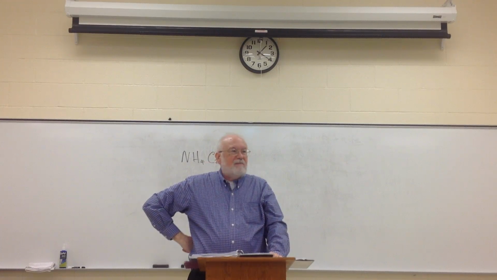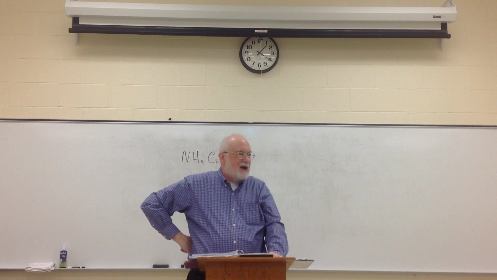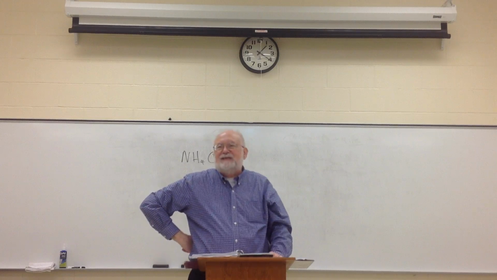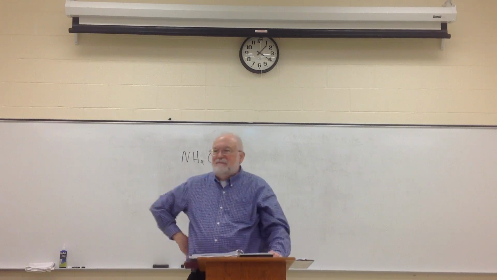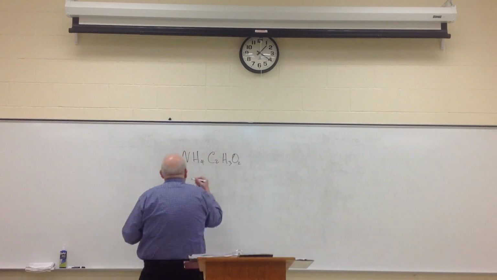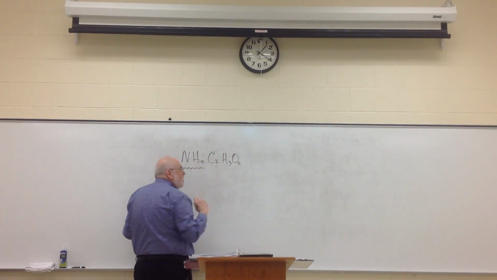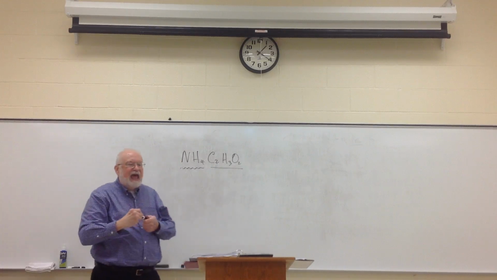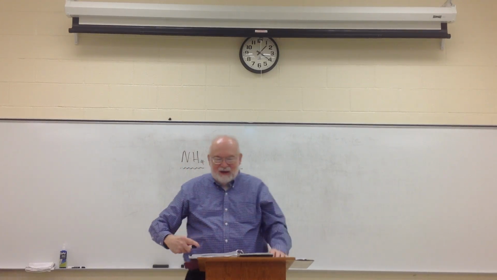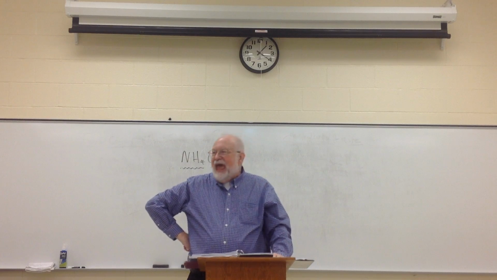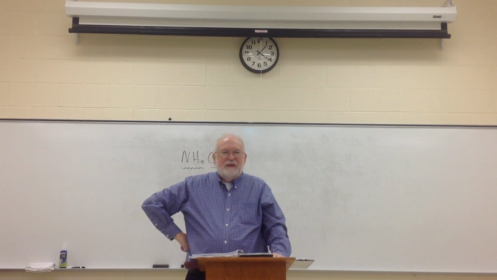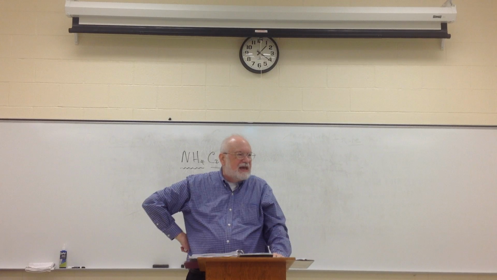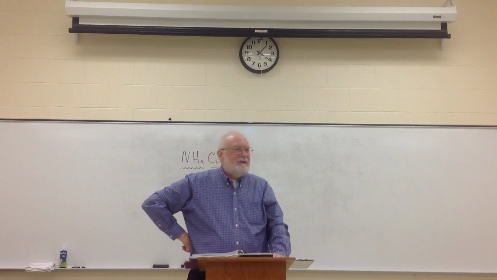Well, it has ionic bonds between the cation and the anion. What's the cation in this case? Yes, and what's the name of NH4? Ammonium. And that's the anion. And what's the name of that anion? Acetate. Now that's simple, isn't it?